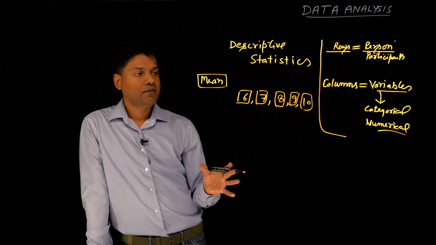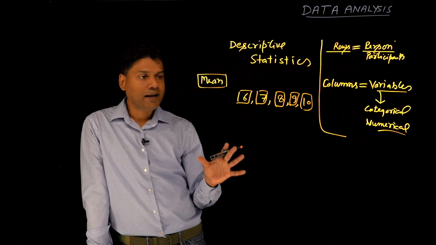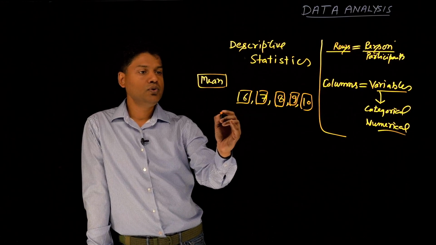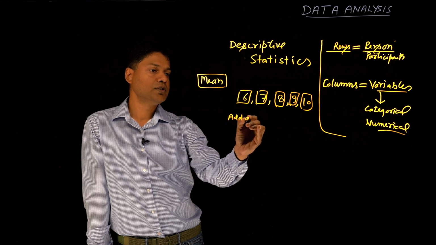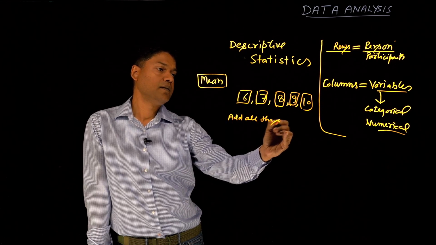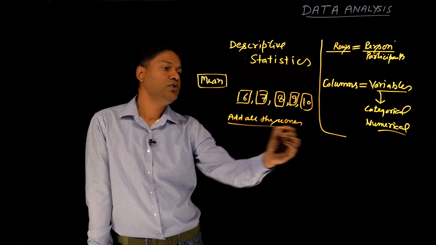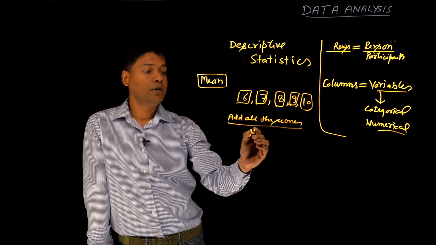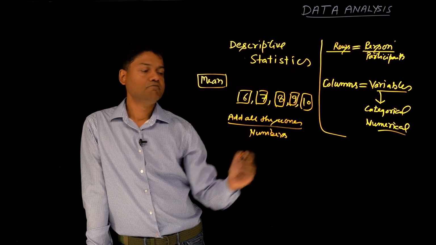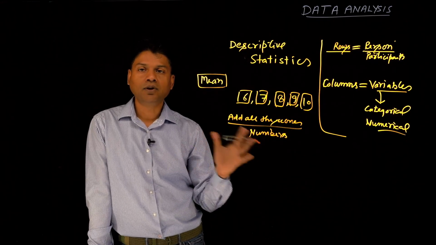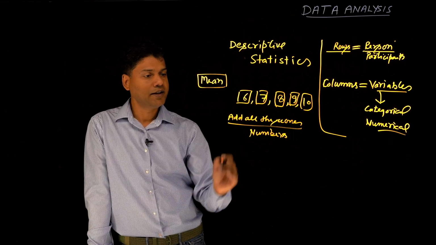Now mean is what you do: you add all the scores and then you divide by the total number of scores. That's a formula I think most of us are aware of.